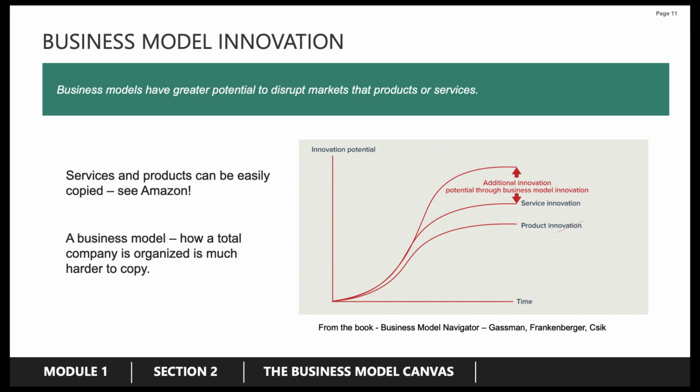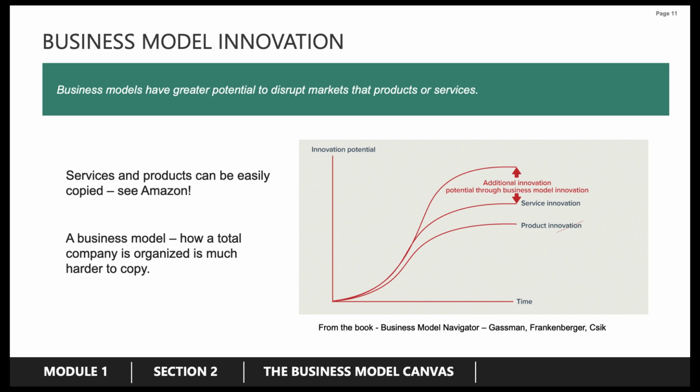But the essence of this is that organizing your business, modeling it differently, innovating versus your competitors, how you organize things, how you structure your business, who you actually target as customers, is far more effective longer term than just focusing on producing a product or service.